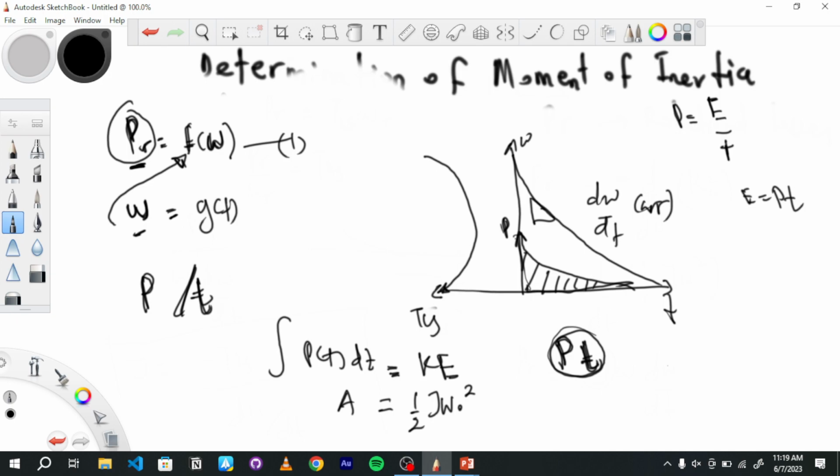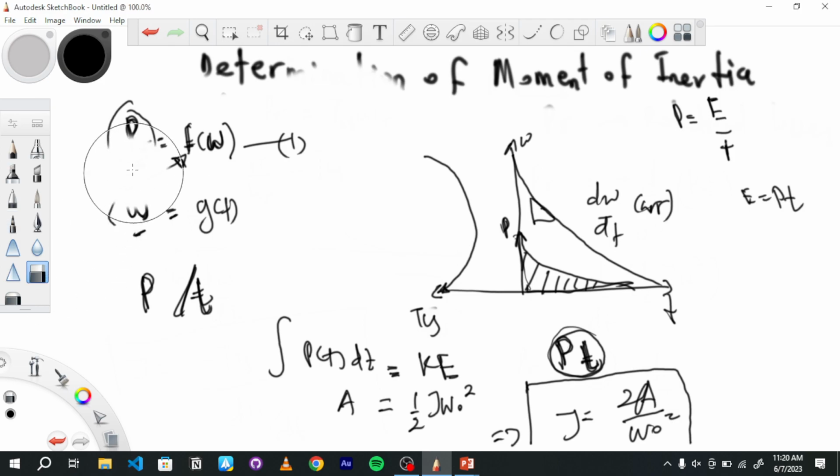So from here I can say that my J is equal to 2A over omega naught squared. So this is another way that we can compute our J. When we take numerical examples, we'll see what all these mean.